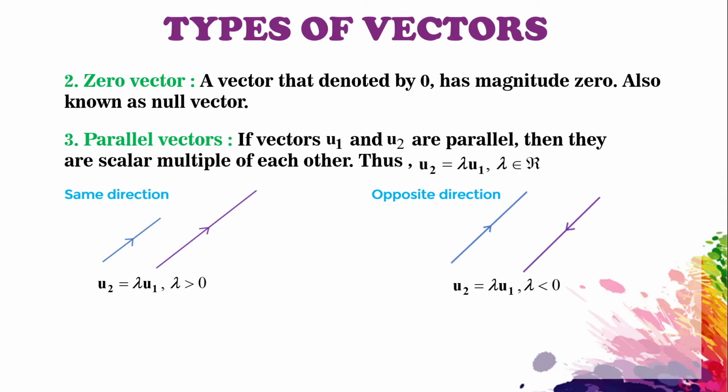Therefore, we can have u2 equal to lambda u1, or we can have u1 equal to lambda u2, where lambda is an element of the real numbers. Let's say we have 2 vectors in the same direction, so lambda will be a positive value. And if the 2 vectors are in opposite directions, lambda will be a negative value.